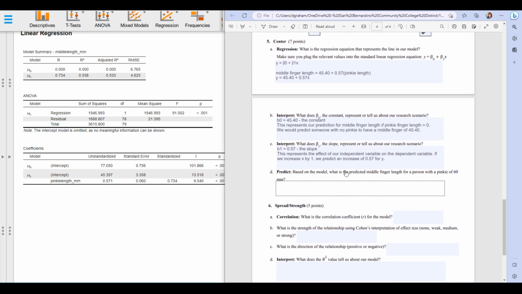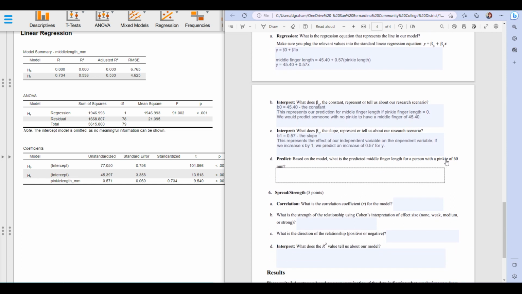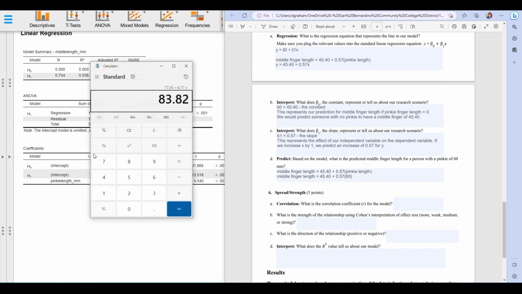Now, based on our model, what's the predicted finger length for a person with a pinky of 60 millimeters? So in this case, we're going to use our model, our regression equation that we've created or identified, and we're going to plug in for pinky length 60. So we get, let's pull up a calculator.